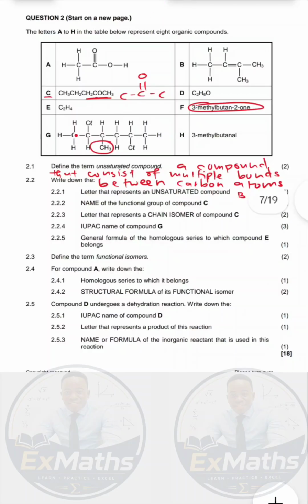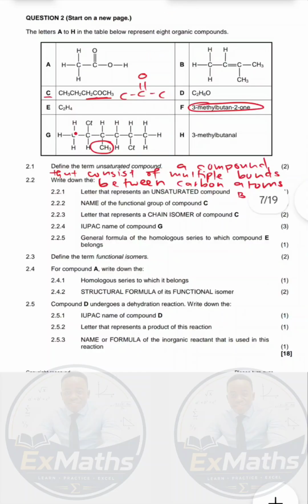So let us see how we can number this. You must number carbons from the outer carbon which is closest to the substituent or the branched chain. Another rule that you need to apply: you must use the side that gives you the lowest numbers. You can do it from left to right or right to left, but you have to check which one gives you the lowest numbers. So let us see how we can do it.